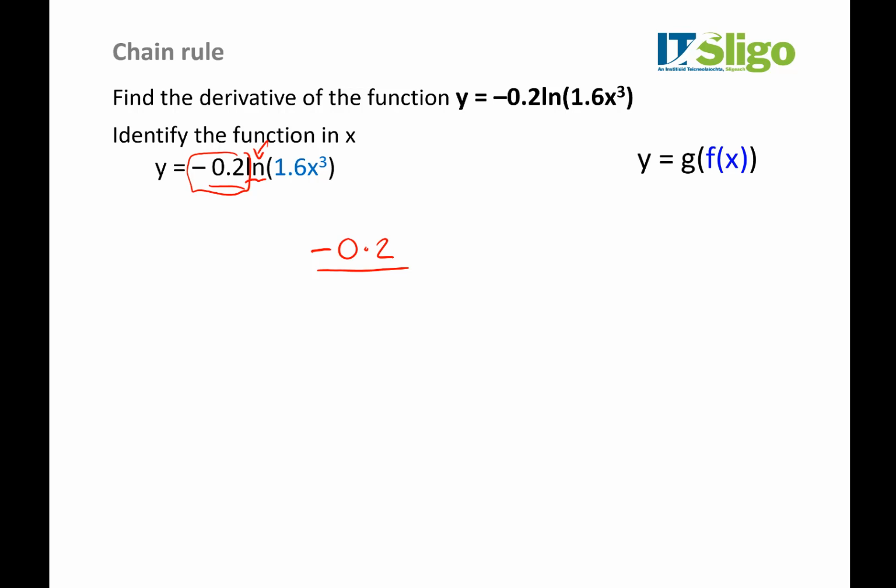When we differentiate natural log, anything that comes after it drops below the line. So if we were to differentiate the natural log of 4, dy dx is simply going to be 1 over 4.